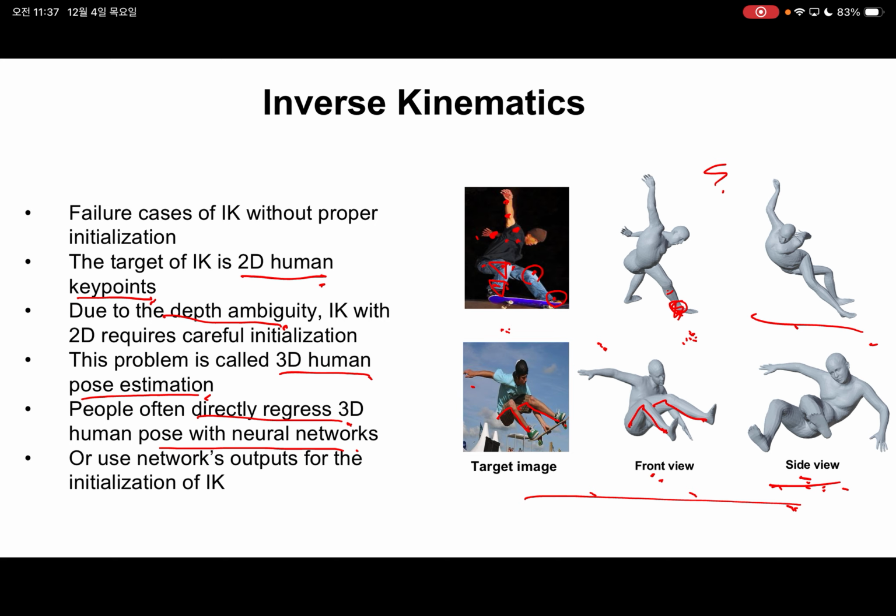So we need to carefully initialize theta before performing IK, and people often use a network's output for the initialization of IK. If we have a pre-trained neural network, then we can use that network's output as initialization and further refine it by performing IK.